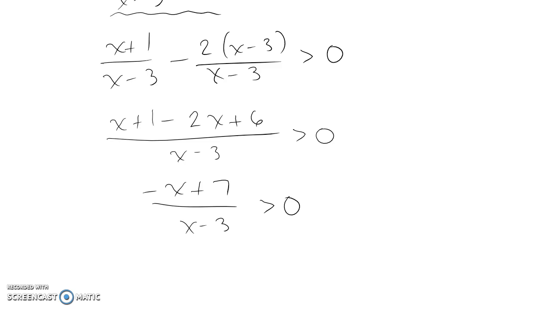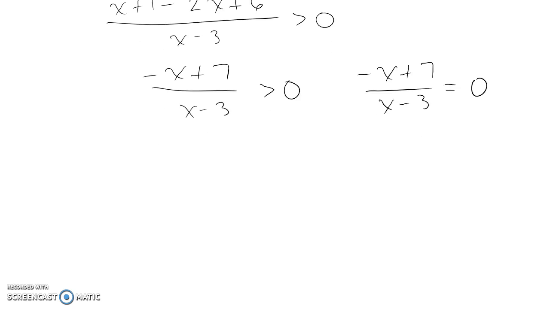Now we're going to talk about how we go further. We're not really interested in where this might equal 0 in our solution, but we are going to solve the related equation (-x + 7)/(x - 3) = 0, because it's going to give us the places where we divide our sign chart.